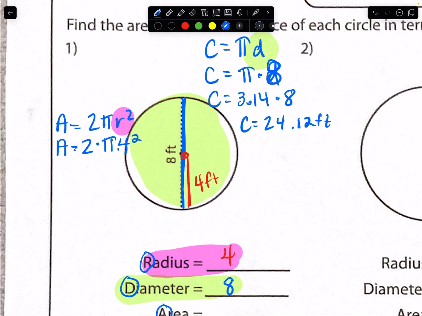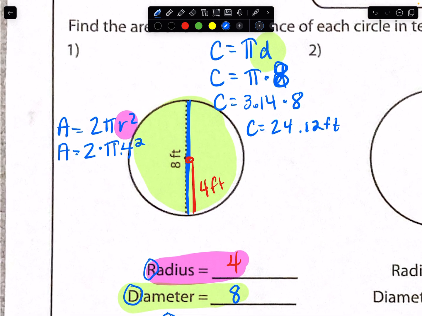I'm going to make this a little bigger so that hopefully you guys can see it better. Okay. What this means is area equals 2 times 3.14 times 4 squared. Area equals 2 times 3.14 times 16. 16 comes from 4 times 4.